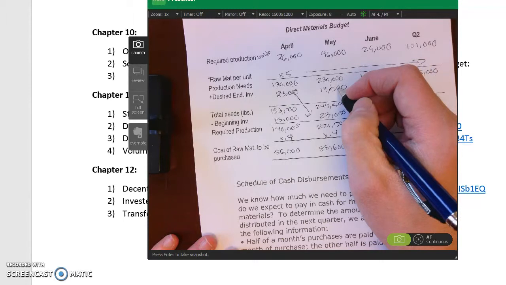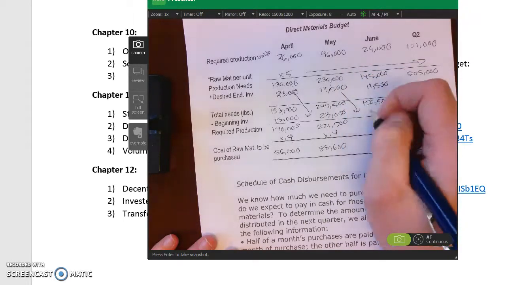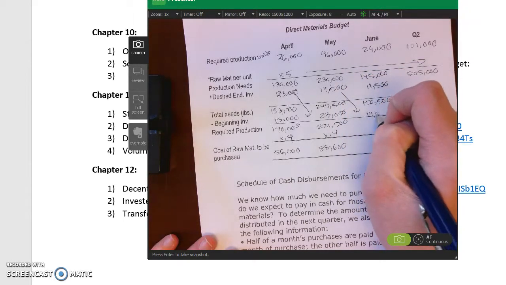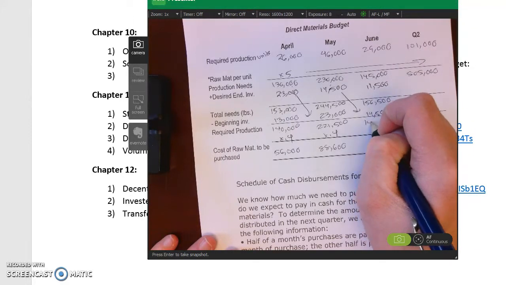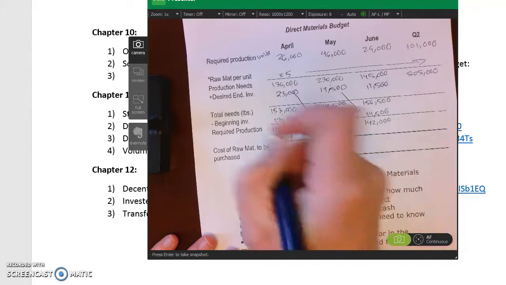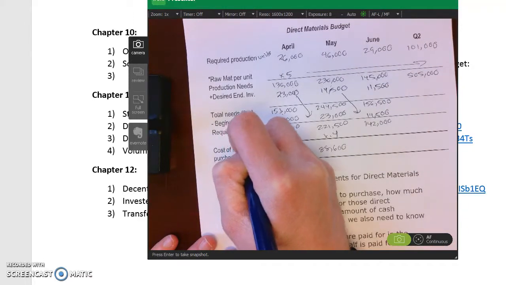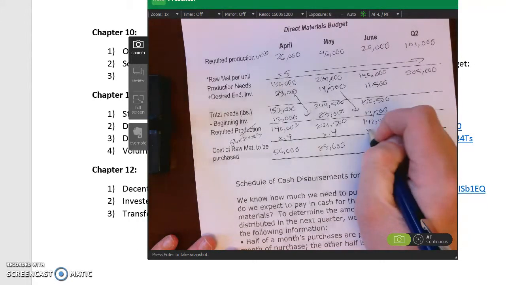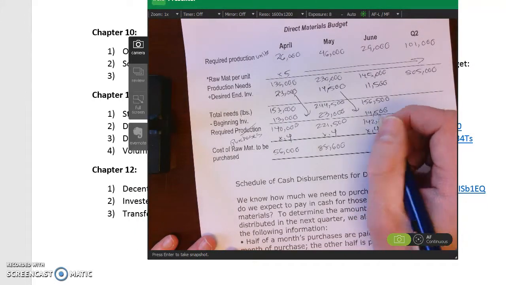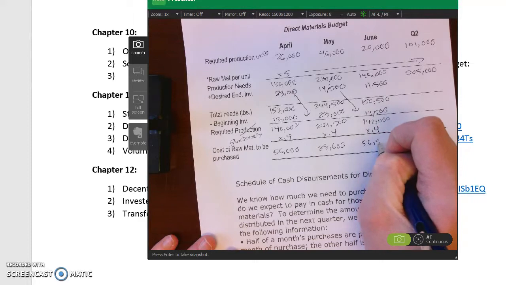My ending for May becomes my beginning for June, 14,500 right there. And then what that gives me is required production. Really, this is required purchases of materials. Times 0.4 means the cost is my 56,800.